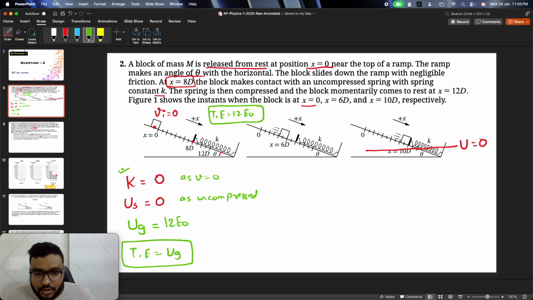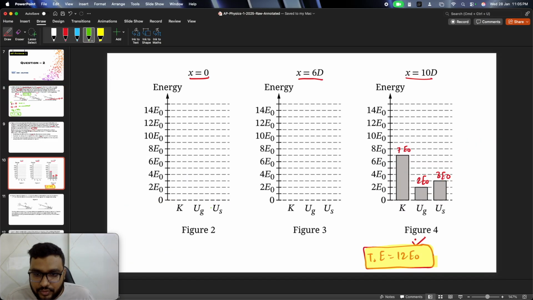So on figure number 2, kinetic energy is 0, the spring potential energy is also 0, and the gravitational potential energy is going to be Ug. Something like this.